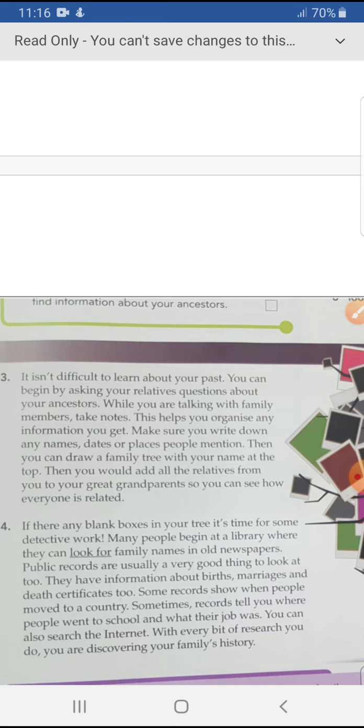Some records show when people moved to a country. Sometimes records tell you where people went to school and what their job was. You can also search the internet. With every bit of research you do, you are discovering your family's history.